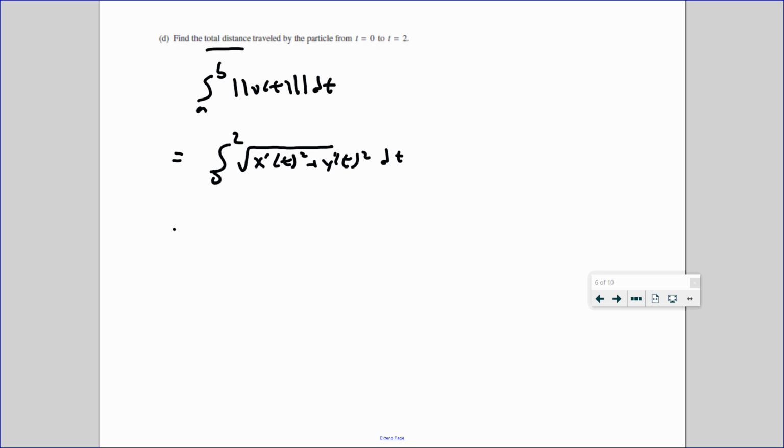So let's see here. Now, for integrating 0 to 2, x prime of t, well, they told us that's t squared plus sine of 3t squared, plus y prime of 2. This is going to be a constant for us.